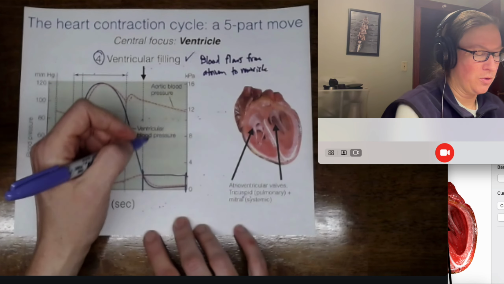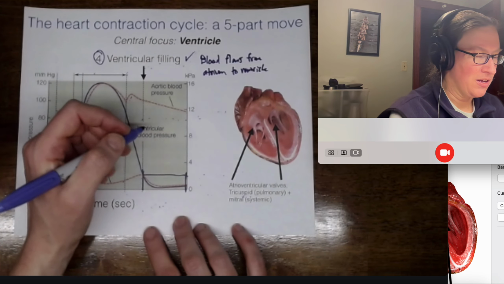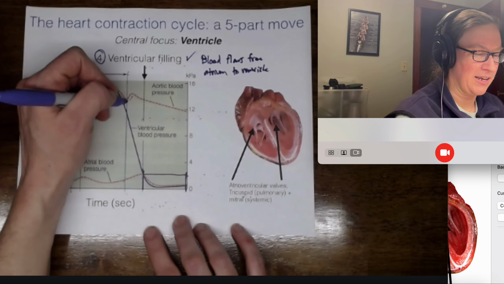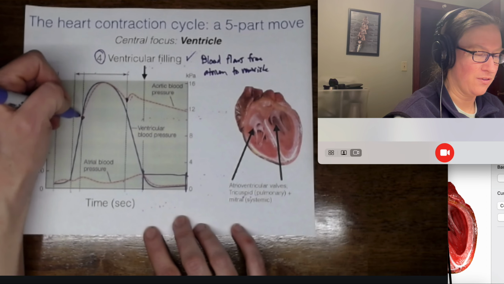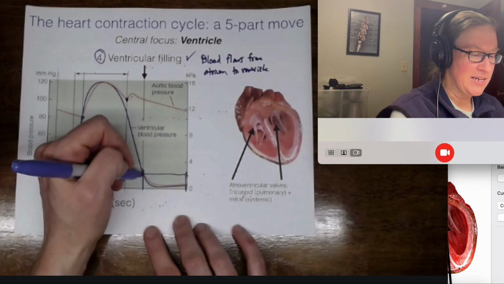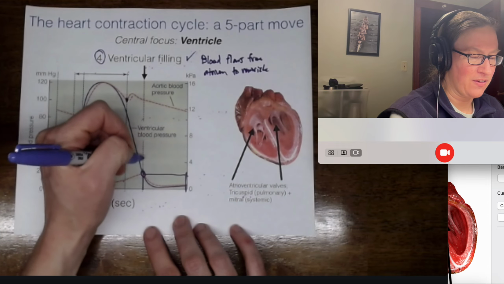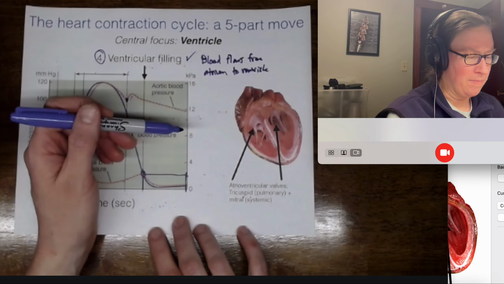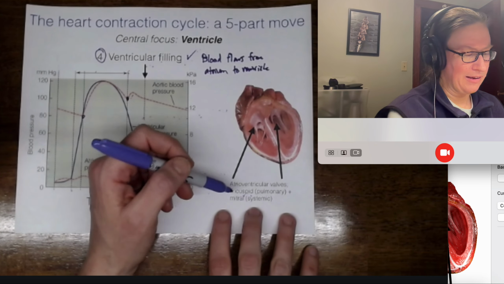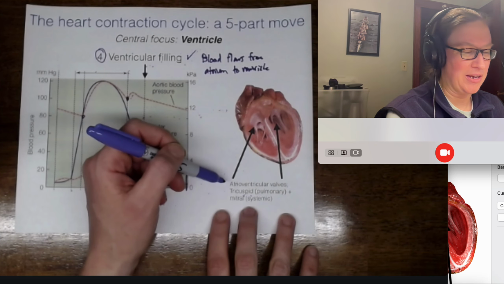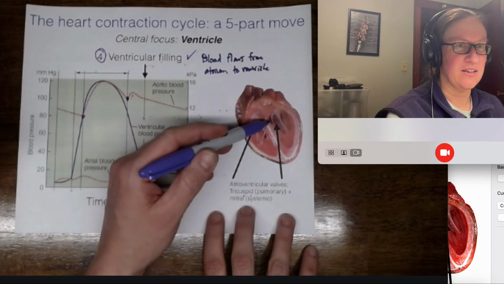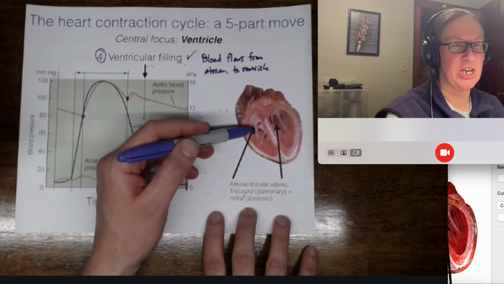Okay, and so for that to happen, there's also the opening of another valve, right? So up here we're looking at and thinking about the aortic valve opening and the aortic valve closing. Down here, we're now dealing with the valve that's found in between the atrium and the ventricle. There are special fancy anatomical terms for the two valves located on either side of the heart, but just based on the shapes of those valves.